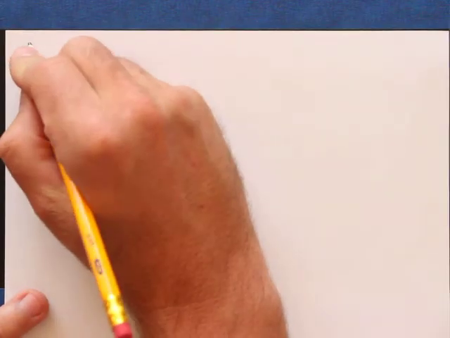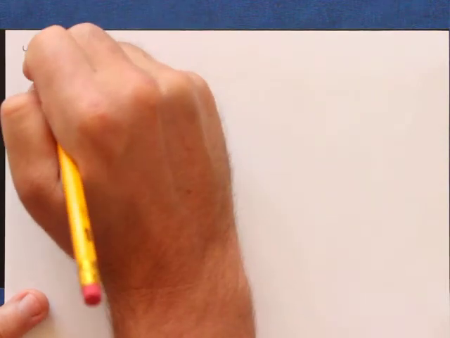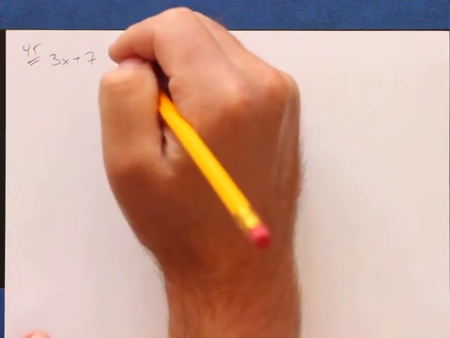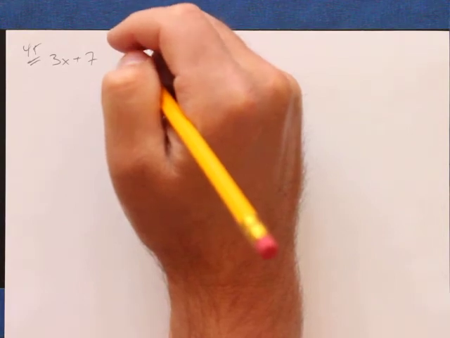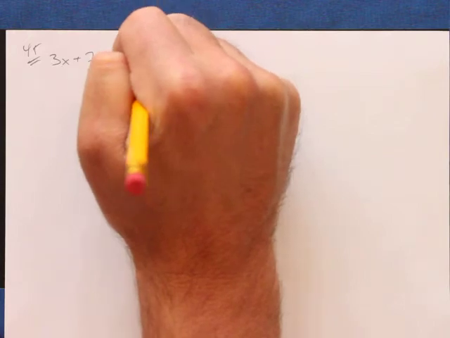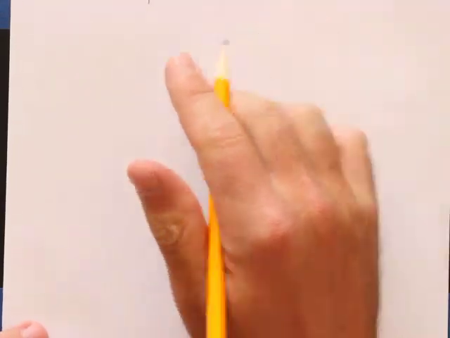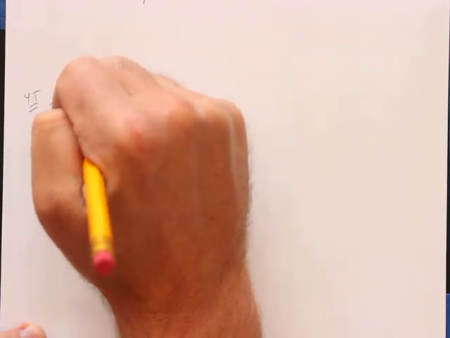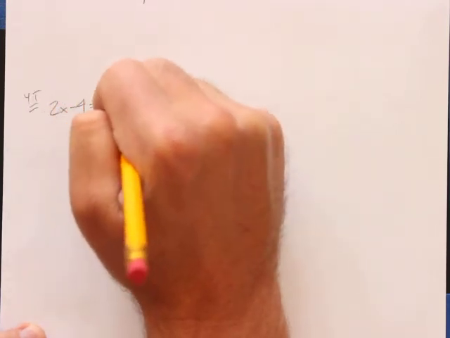Now, let's see, maybe 3 more U tries. 3x plus 7 equals 3x plus 1. Let's do another U try. 2x minus 4 equals 2x minus 6.